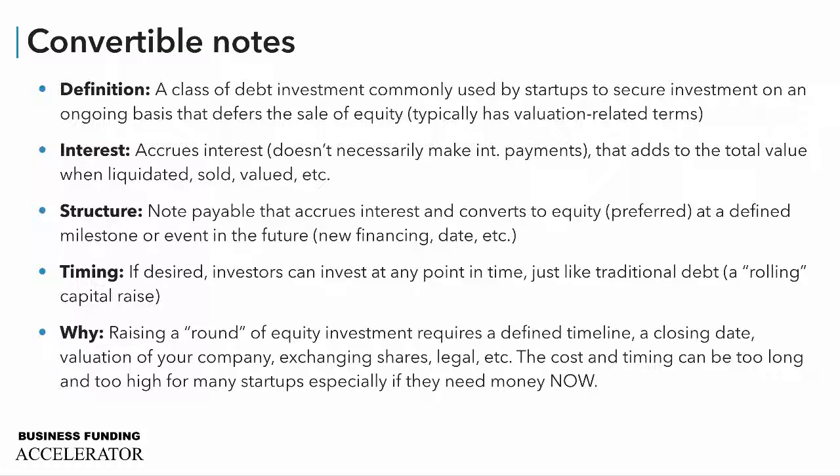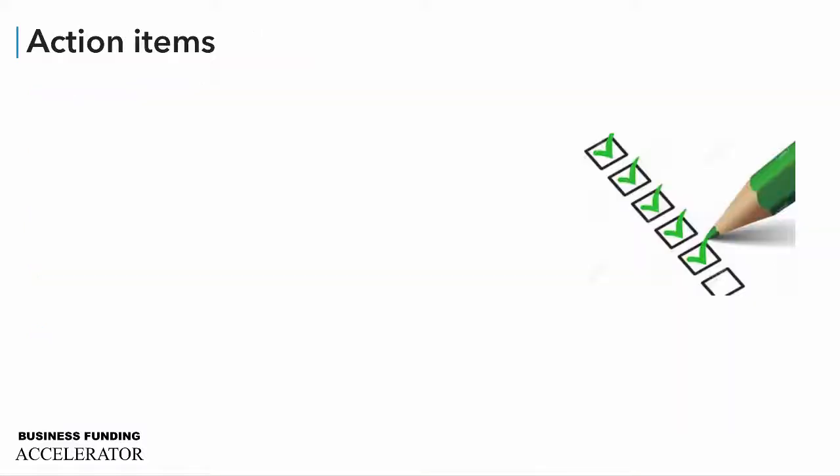It requires a strict evaluation of your company because you're exchanging shares. You need to be mindful of the SEC. You need to file the proper forms with the SEC when you're raising equity, just as you would with convertible debt also. There are many times more legal processes and costs with equity capital. So sometimes convertible notes are cheaper and easier to raise. And you need to evaluate your situation as well.